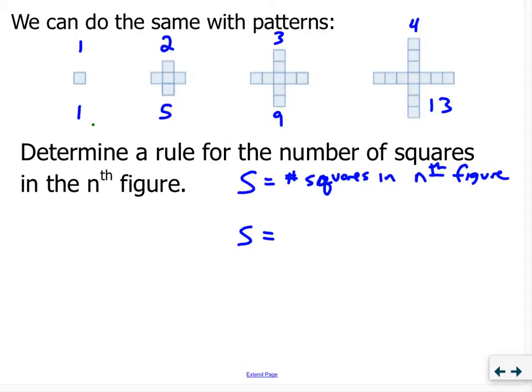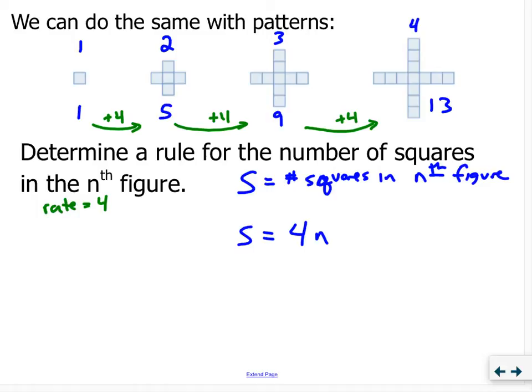It looks like each time to get to the new figure, we're adding 4 new squares. So our rate of change then is 4. So why don't we say that the equation then is S equals 4n. We'll let n be the number of the figure, the first figure, the 4th figure, the 10th figure.